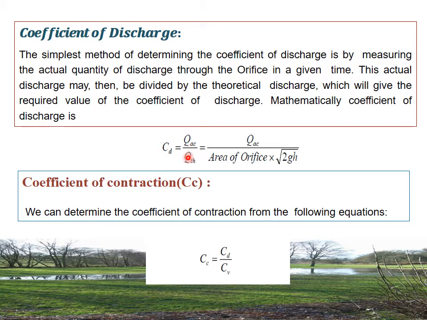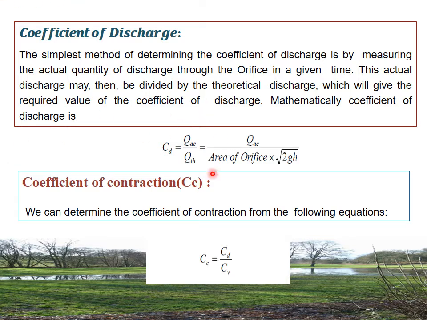To calculate the actual discharge, we take a measuring tank, and water flows out through the orifice meter at constant head and is collected in the measuring tank. In the measuring tank, actual discharge equals area of measuring tank into the rise of water level in the measuring tank divided by t.